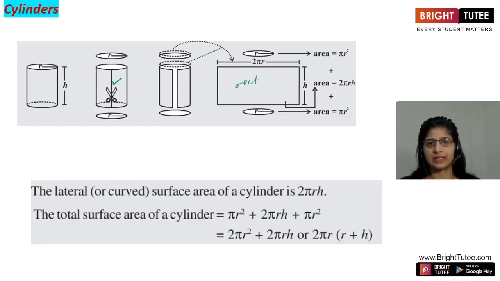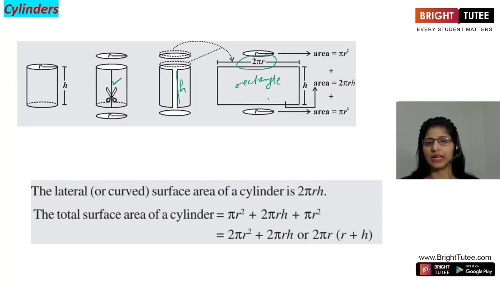This is a rectangle, if you see, and the width will become h, that means the height of this rectangle. And because on the top there is a circle formed, when you open that circle, that becomes the circumference, right? So this is 2 pi r written here. So 2 pi r into h.